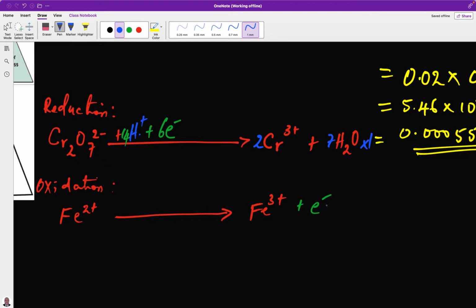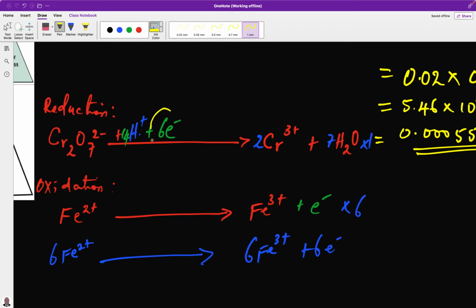Then we multiply the second one by a factor of 6, so it will be 6 Fe 2 plus to give 6 Fe 3 plus and 6 electrons. Now the electrons can cancel out with each other.